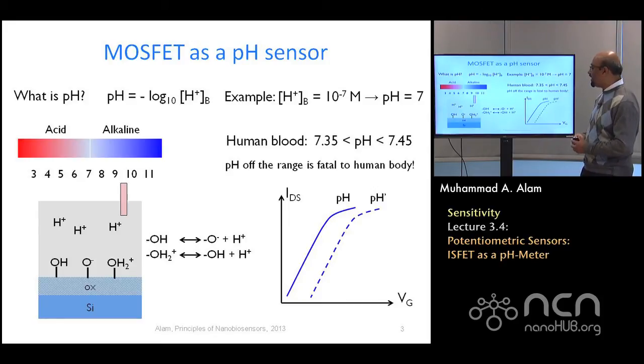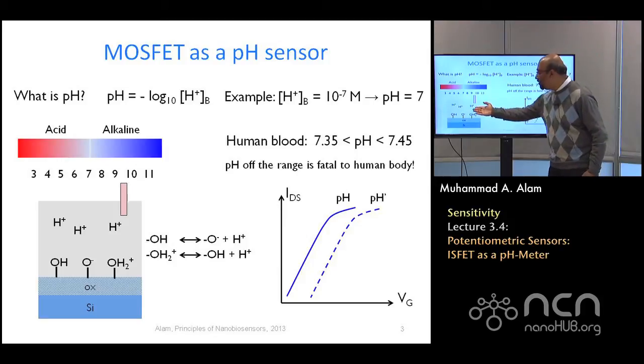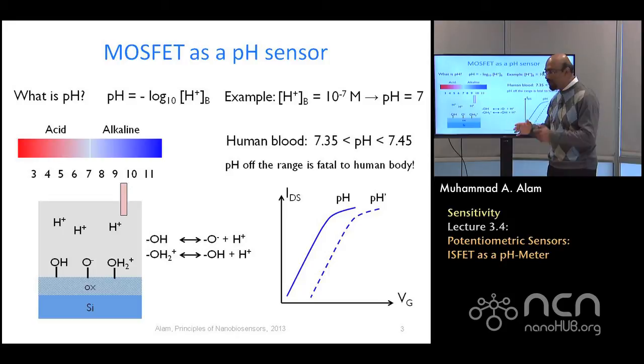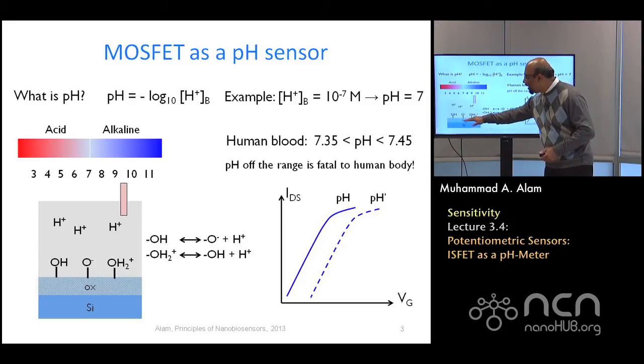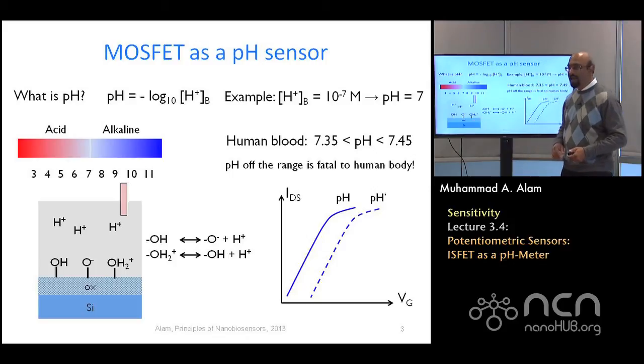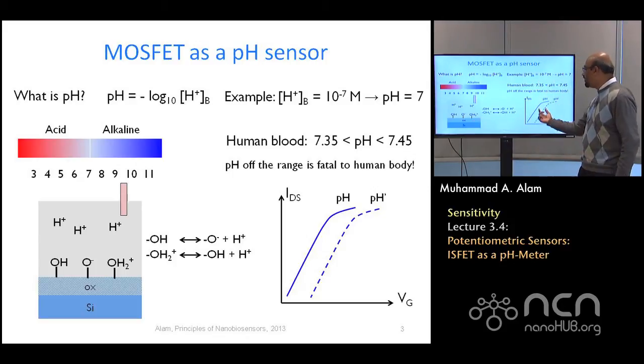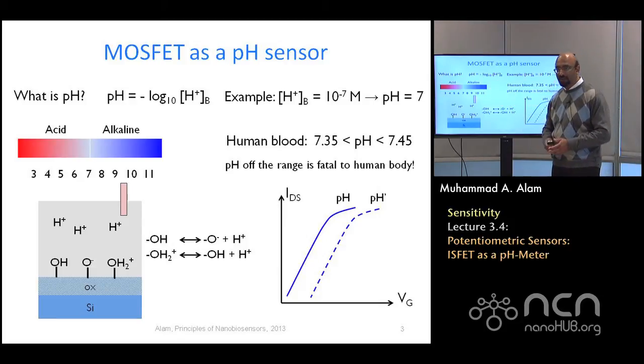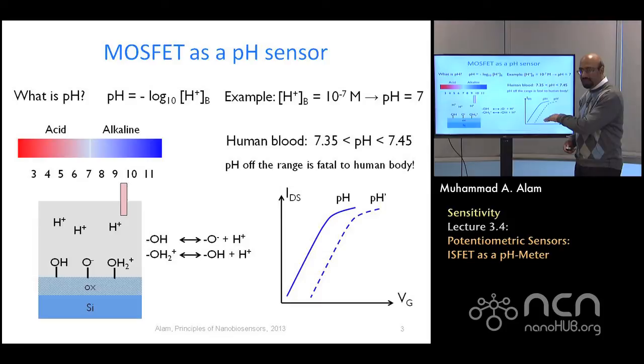Now, as soon as you change the pH to a slightly different value by, let's say, putting orange juice in here, then this ratio of the positive and negative charges will change, because this reaction will be sent off balance, and as a result, the corresponding charge will change, the MOSFET will carry a different current, and it will be shifted. And from the shift, you could say what is the corresponding pH of the solution. We'll get into more details of this in a minute, but for the time being, this is the basic idea.